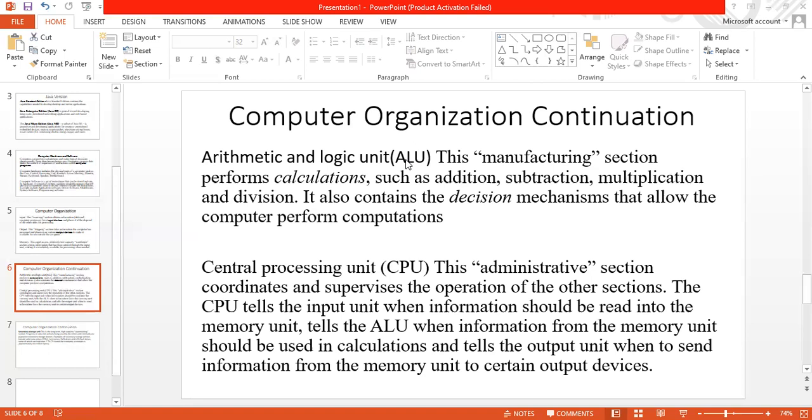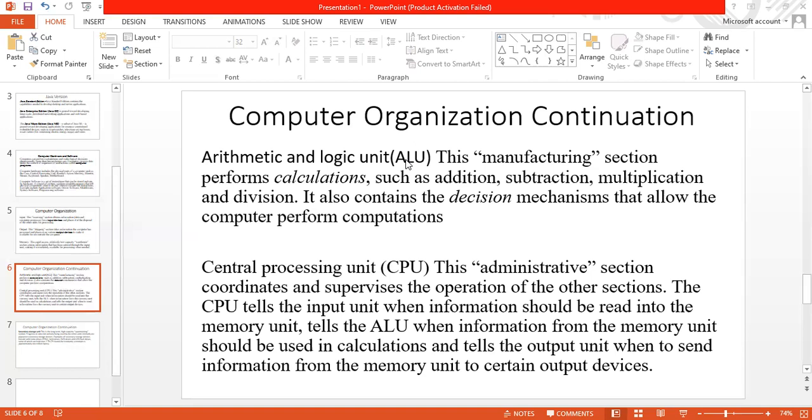This administrative section coordinates and supervises the operation of other sections. So every section that I have talked about, even the arithmetic logic unit, we can find in the central processing unit.